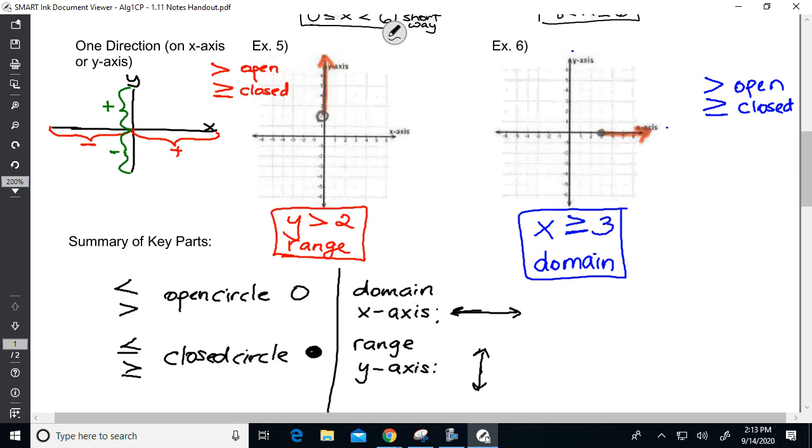And then, if you're shading in between, you have two parts. Your first part is if you're going from left to right. The second part is if you're going from right to left.